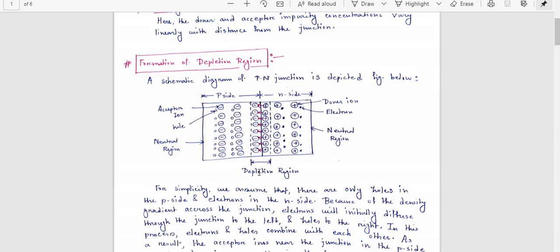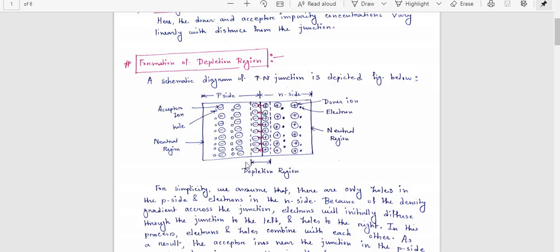As a result, the width of the depletion region and the barrier energy is diminished. How? When you apply forward bias, the positive terminal attracts the holes and the negative terminal attracts the electrons. Then the width of the depletion region is minimized.